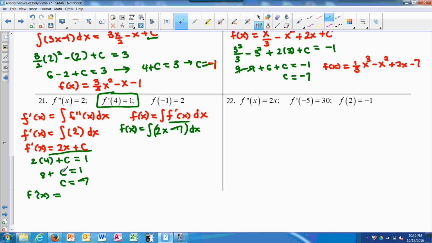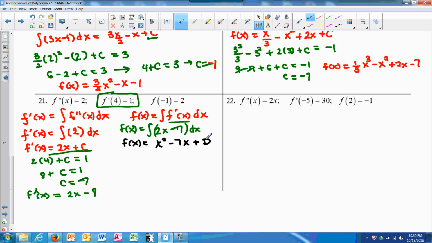So f prime of x came out to be 2x minus 7. So if we integrate f prime, we get f. So going backwards this time, we have f of x equals the integral of 2x is x squared, integral of -7 is -7x, and then this time I'm going to write this as plus d.